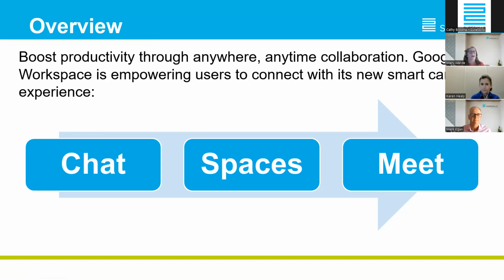What I mean by chat is the one-to-one where you have an ad hoc chat with a colleague, be it internal or external, if you have the permissions for external chats. You can also have a group chat where you might have a chat with a group of people. You can share files in those chats, and you can jump out onto a video call as well, or a phone call if you have it set up correctly.